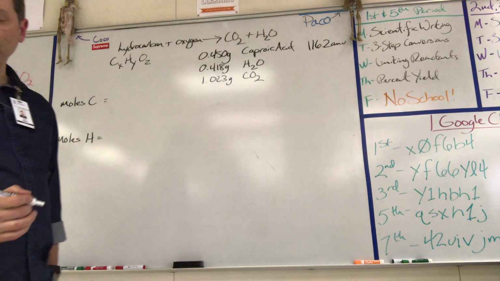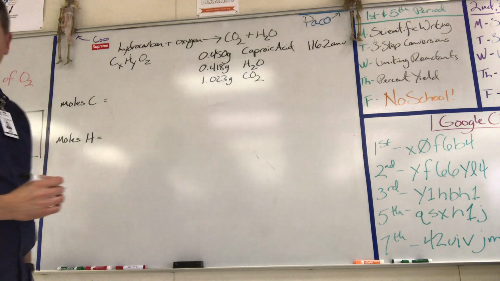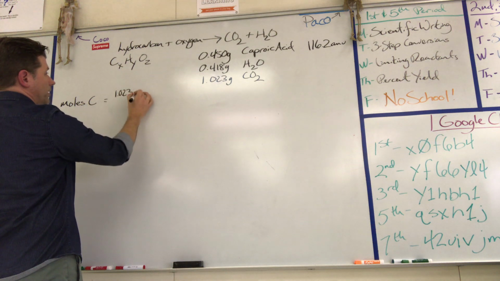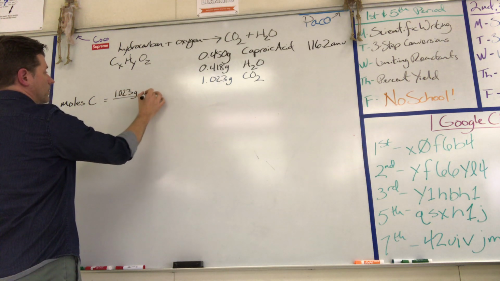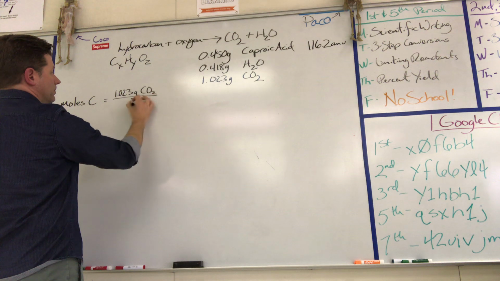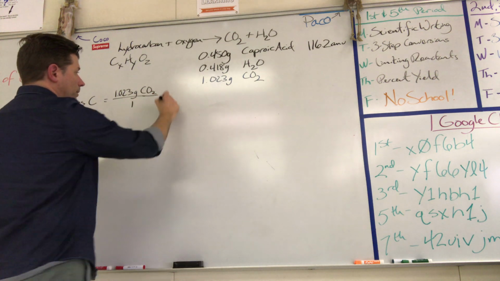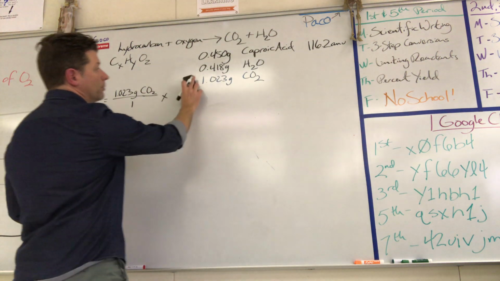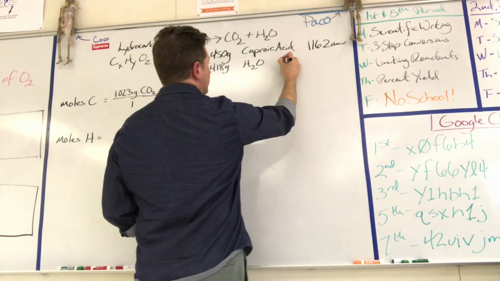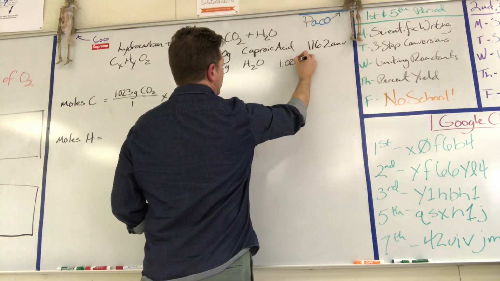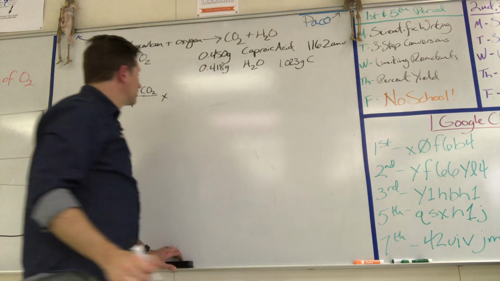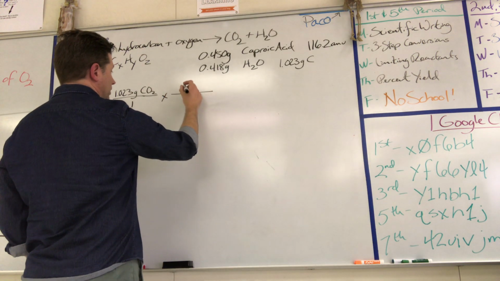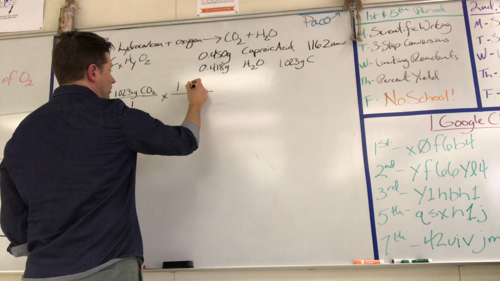So what we're going to do is take our moles of carbon, which we have 1.023 grams of carbon dioxide, and we're going to multiply that. I'm going to move this over here to give myself a little bit more space. We're going to multiply that by a conversion factor, which is grams per mole.